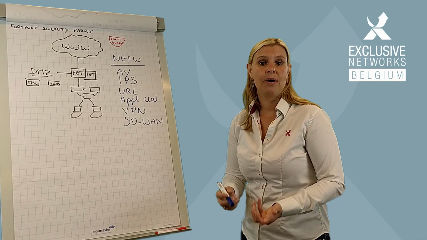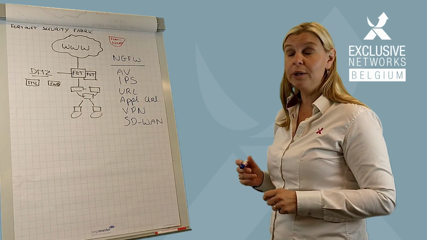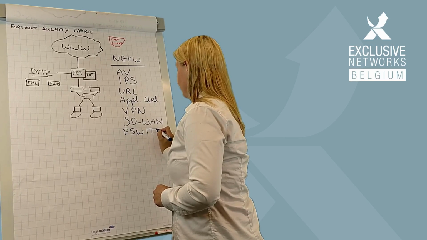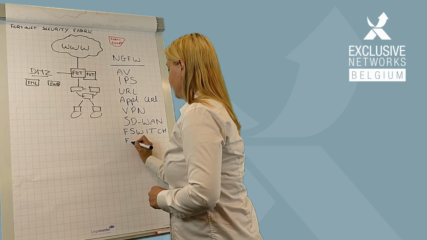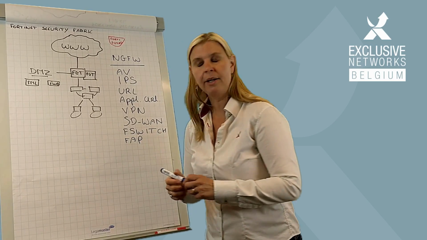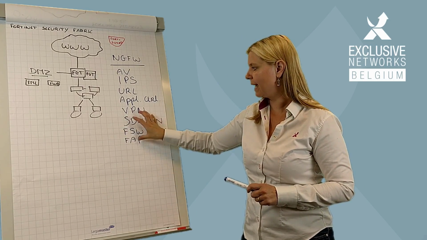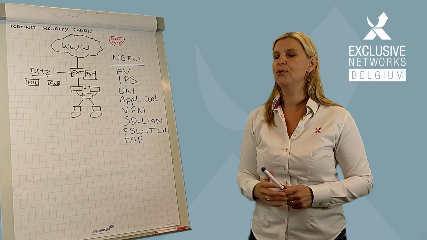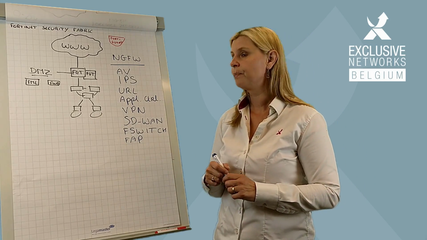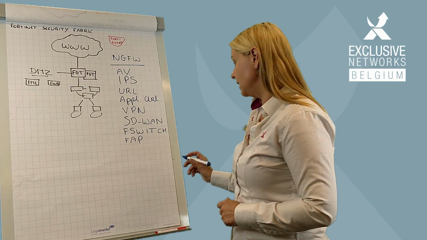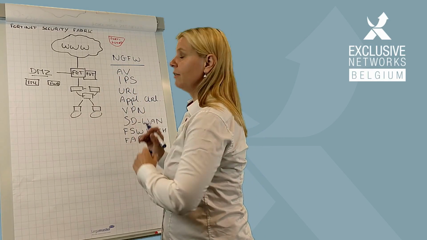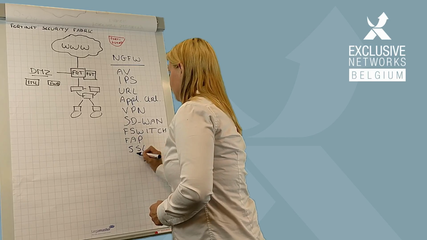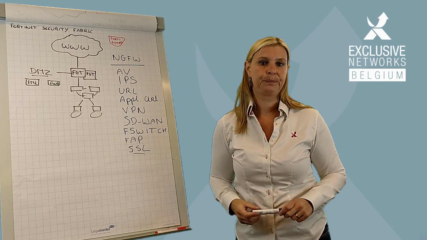FortiGate can also act as a controller for FortiSwitch and FortiAP. I come to that later, because we can integrate the switch and AP of Fortinet very well into the Fortinet Security Fabric. And an important functionality that also comes within the FortiGate, no additional license needed, is SSL inspection.